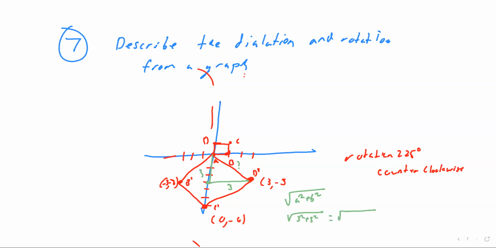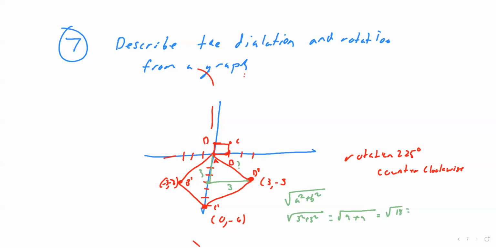What's 3 squared? 9. 9 plus 9 is 18. Very good. Again, just like what I've learned, it doesn't seem to care to simplify the answer. So your dilation would be the square root of 18. And I would just leave it like that.